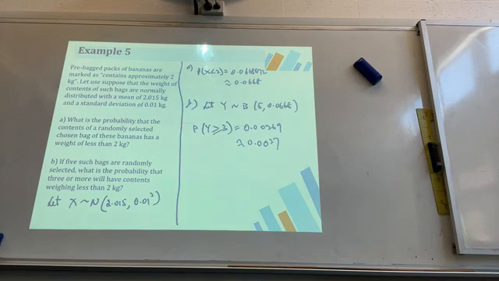Because it's not exactly 3, because of the inequality. So it's between 3 to 5, greater than or equal to 3 up to 5.